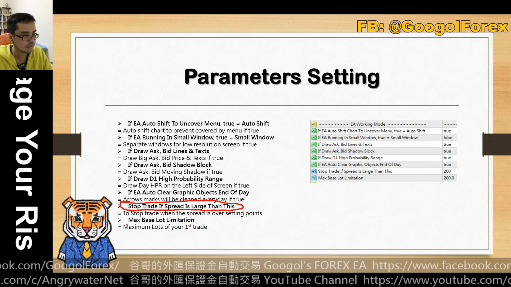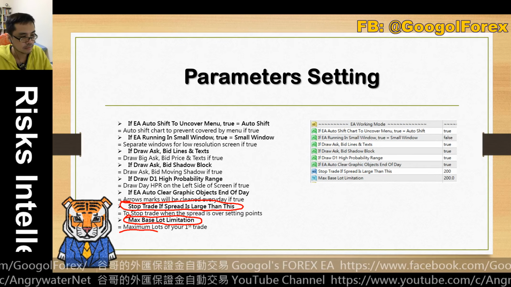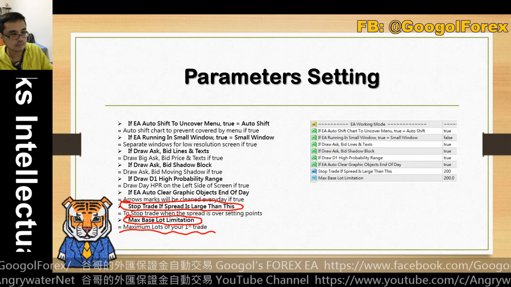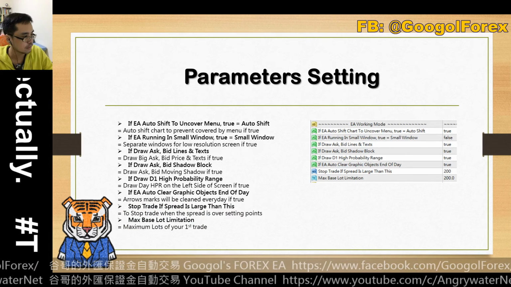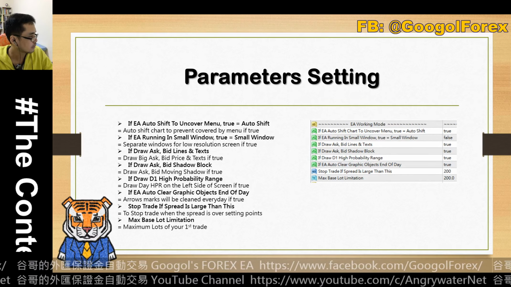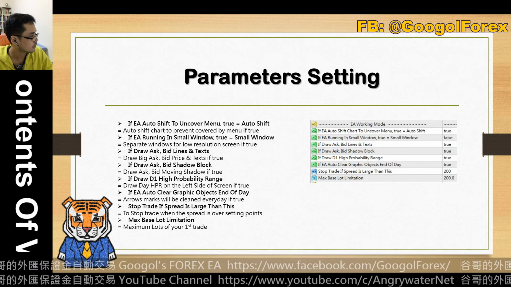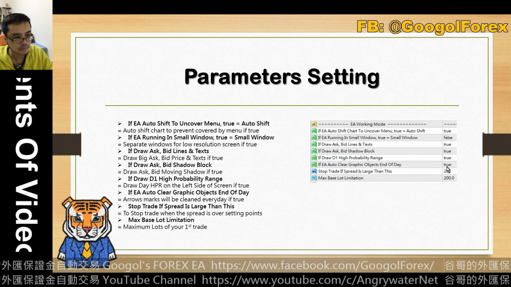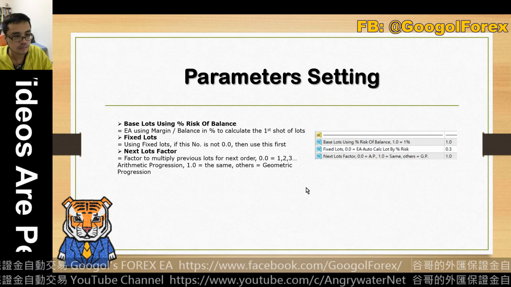The parameter named max base lot limitation is for you to limit the lots used for your first shot. Next, important parameters are base lots using percent risk of balance and fixed lots.